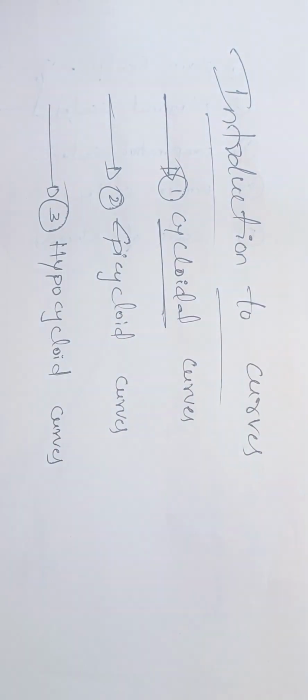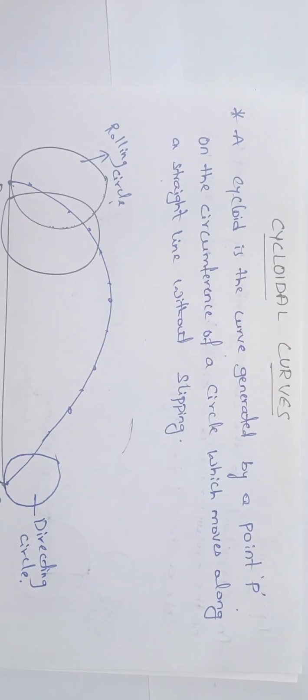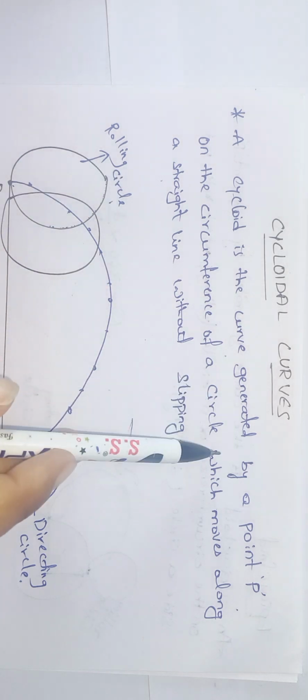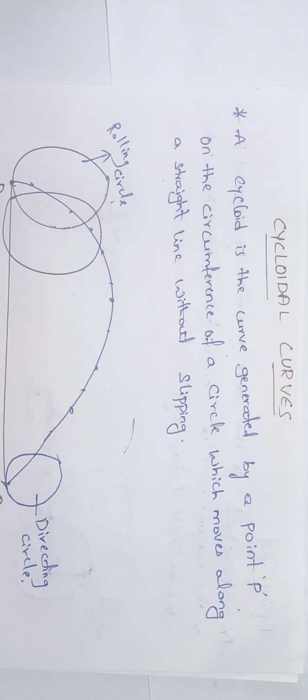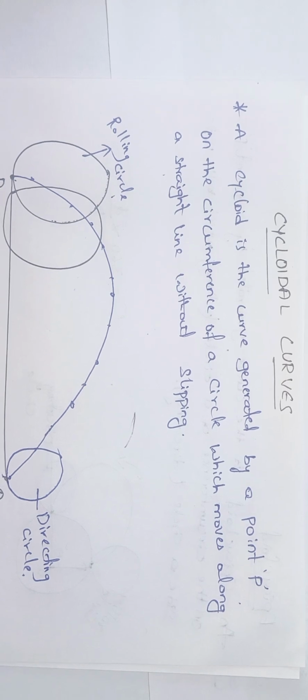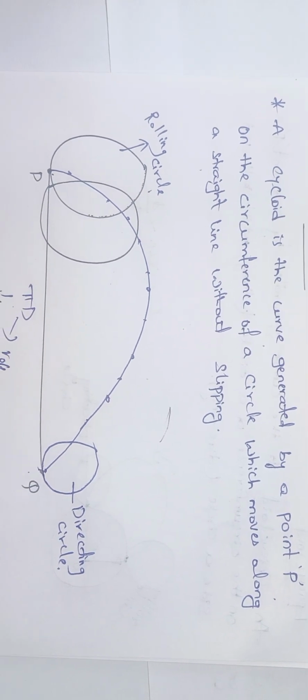A cycloidal curve is a curve generated by a point P on the circumference of a circle which moves along a straight line without slipping.